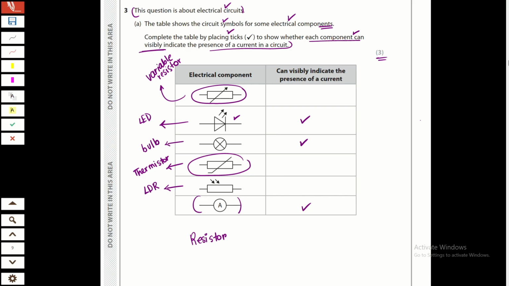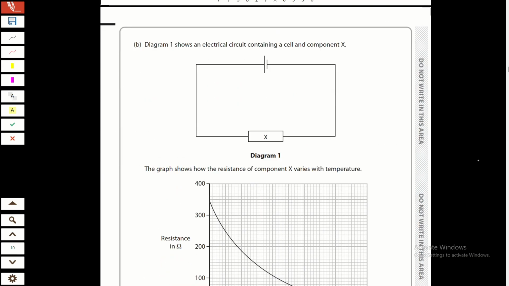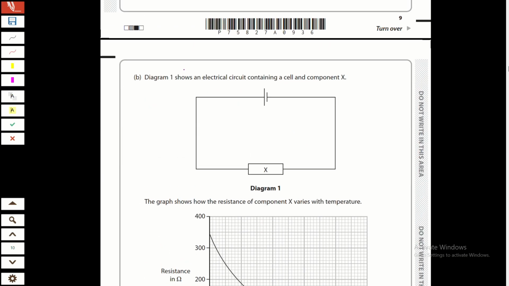So from this question, we understood that any kind of resistor is not involved in indicating the presence of current in the circuit, because the resistor can only alter the resistance, and by doing that, it either increases or decreases the current, but it doesn't show the presence of current. All right, so that was the answer to the first part of question 3.